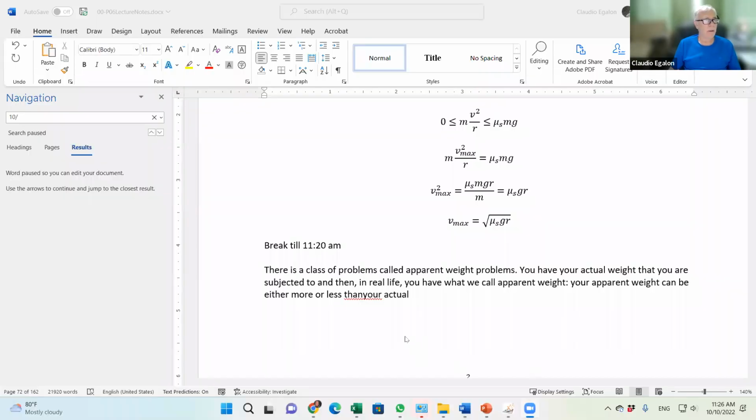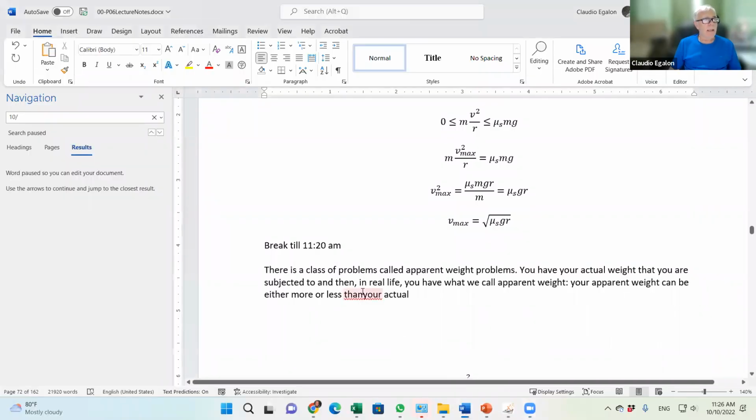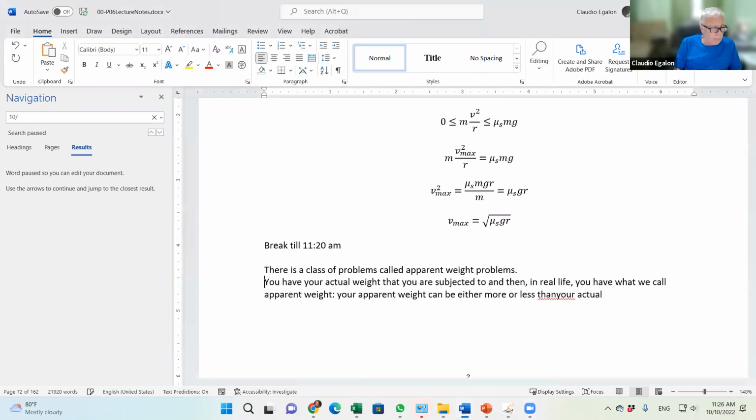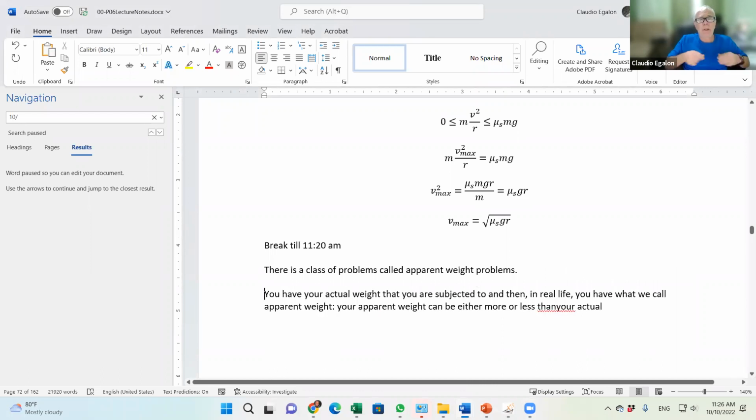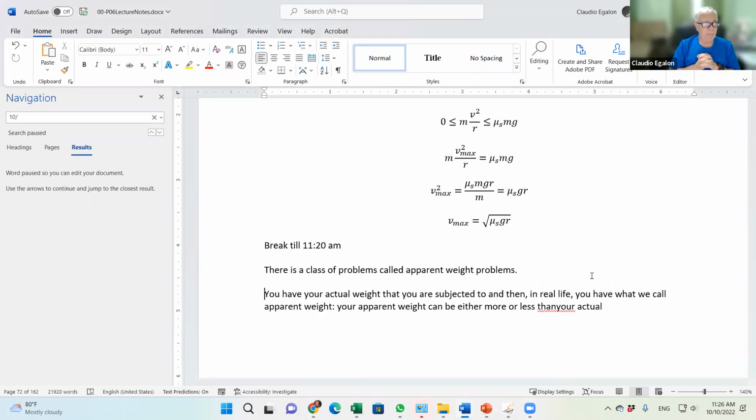Here you go. Okay, there's a class of problems called the apparent weight problems. You have your actual weight, which is your mass times the acceleration of gravity that you are subjected to.